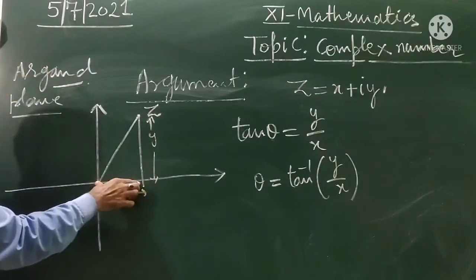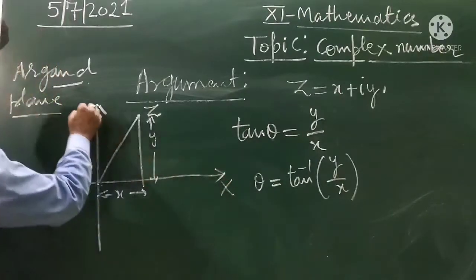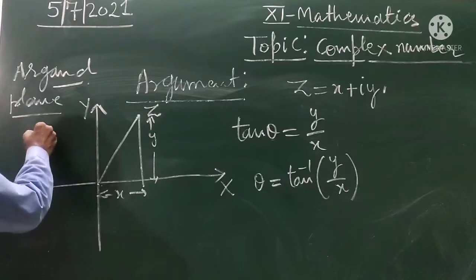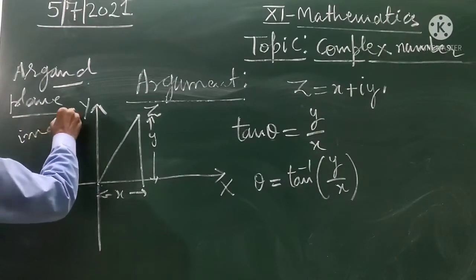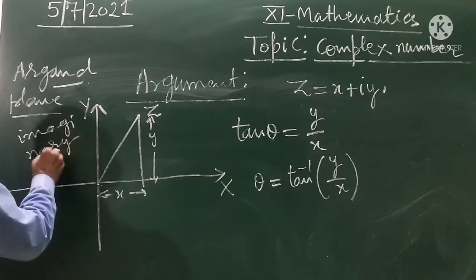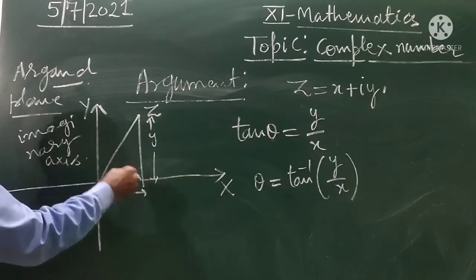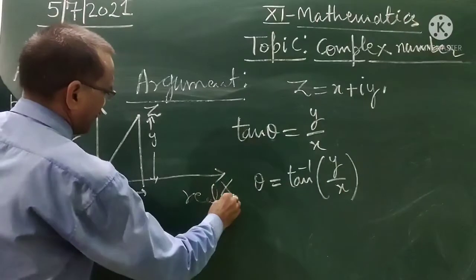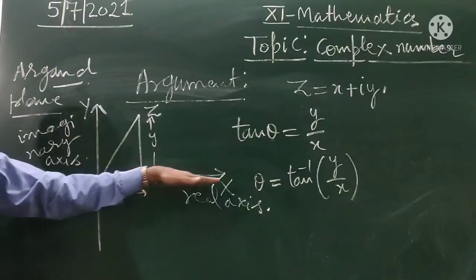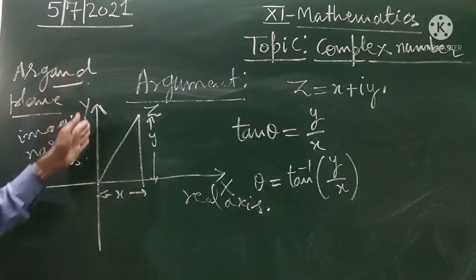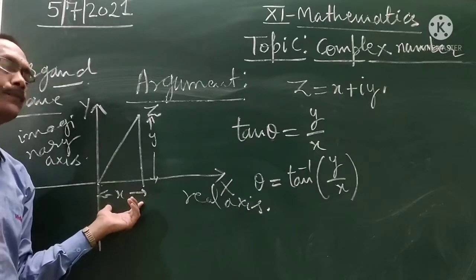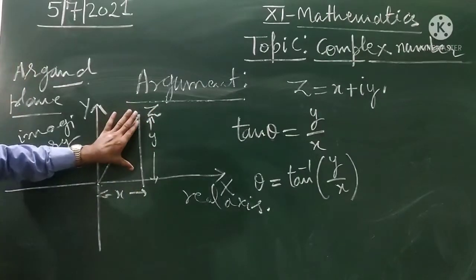So it is the real part, the x-axis, and the y-axis is called the imaginary axis. It is the real axis. So in the Argand plane there are two axes, real axis and the imaginary axis. This is real part of z and this is the imaginary part of z.